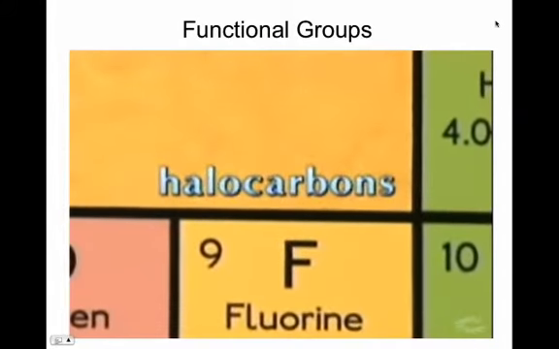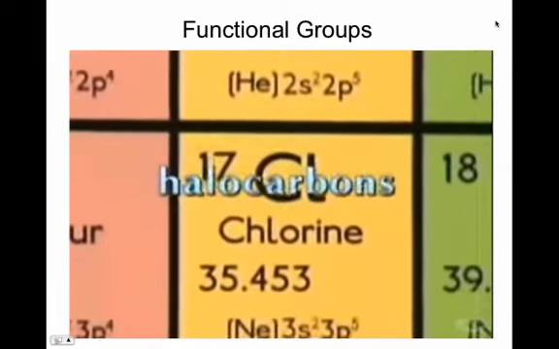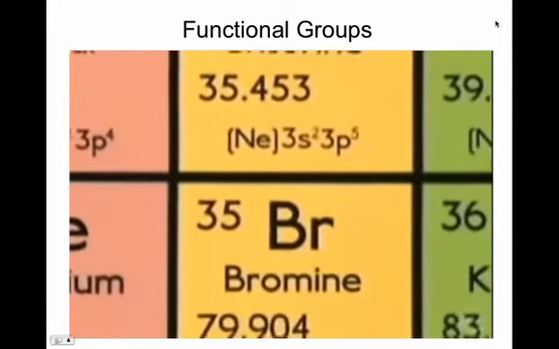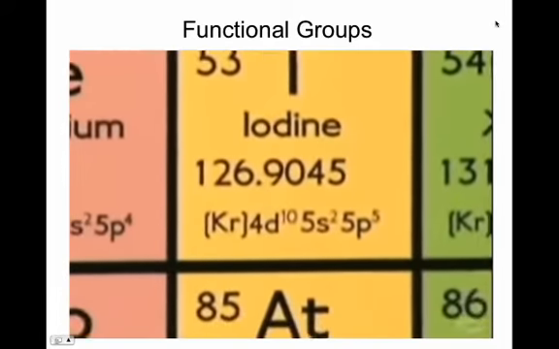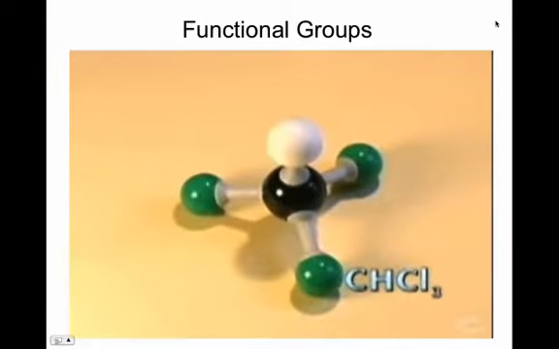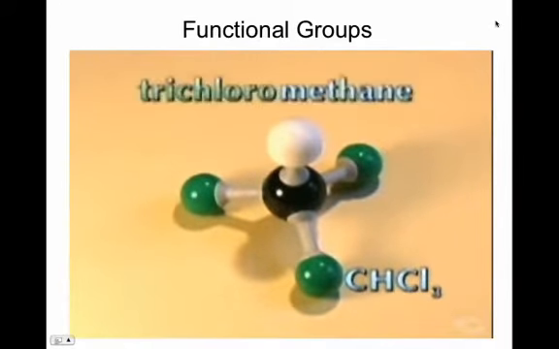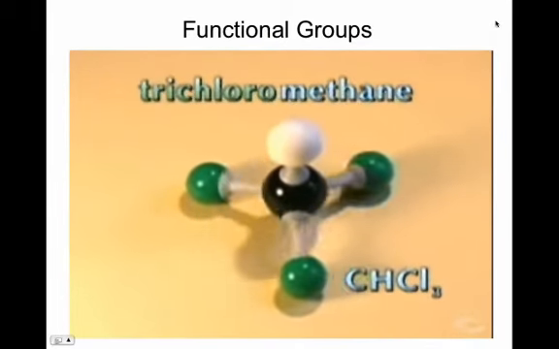In halocarbons, one or more of the hydrogen atoms have been replaced by atoms from the halogen family: fluorine, chlorine, bromine, or iodine. CHCl3 is structured like the methane molecule, but 3 of the hydrogen atoms have been replaced by 3 chlorine atoms. This is called trichloromethane. Its name follows the pattern seen before.